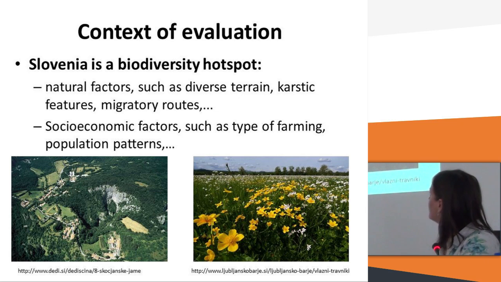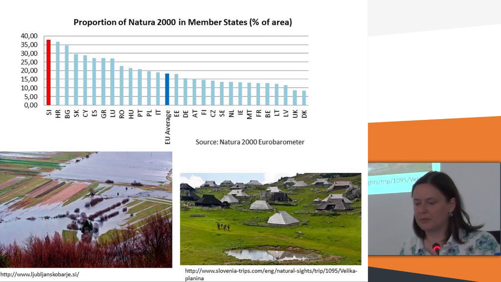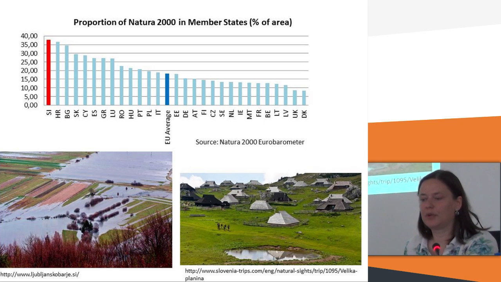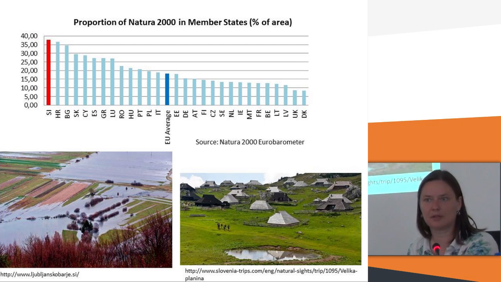On the other hand, we have also some wetlands, wet meadows, and so on. Very diverse systems. This puts us on the top in the proportion of Natura 2000 sites among member states. 38% of the total land area is in Natura 2000.